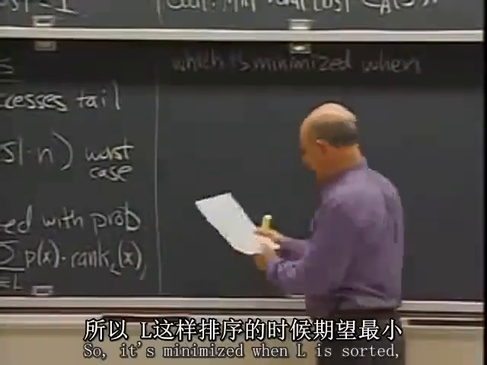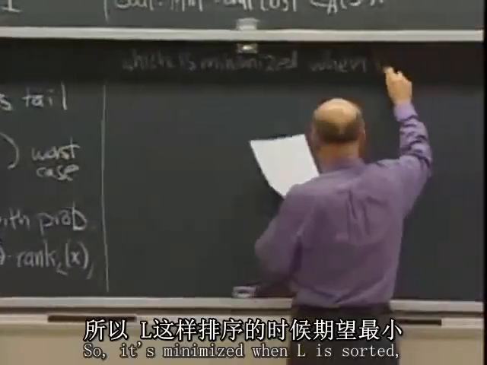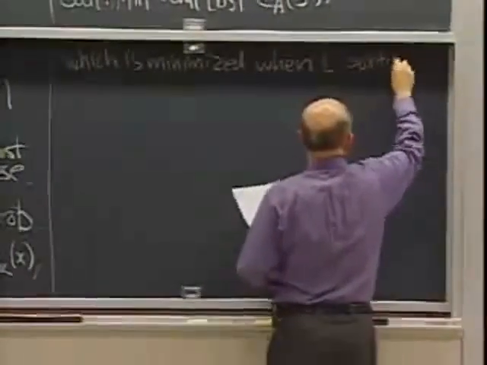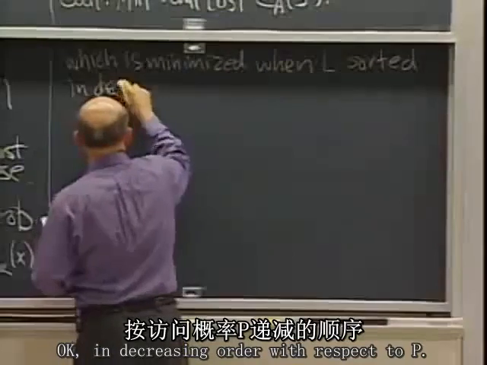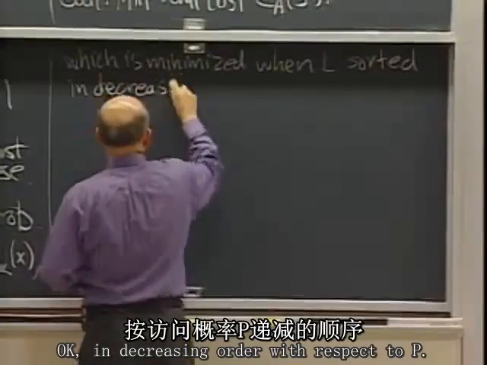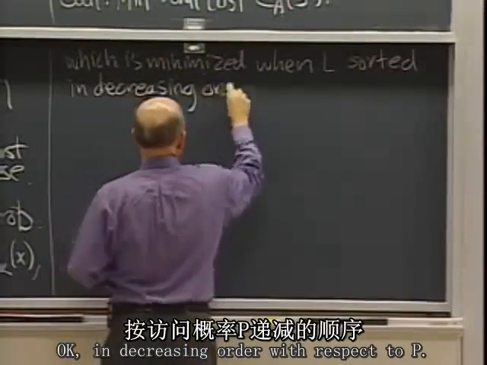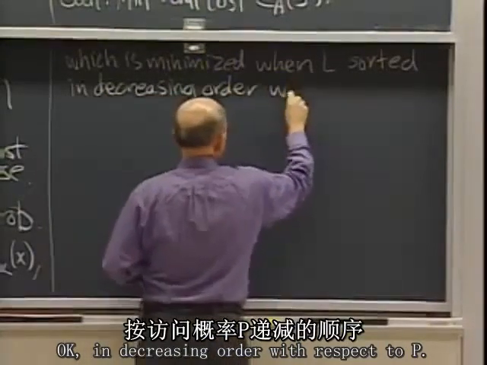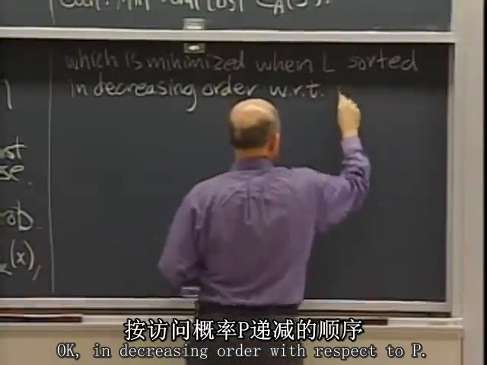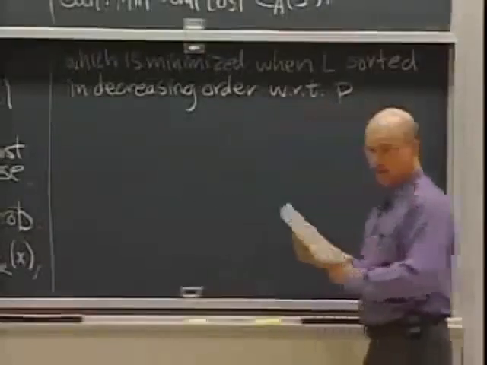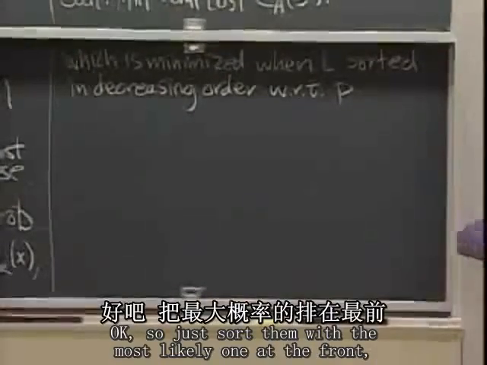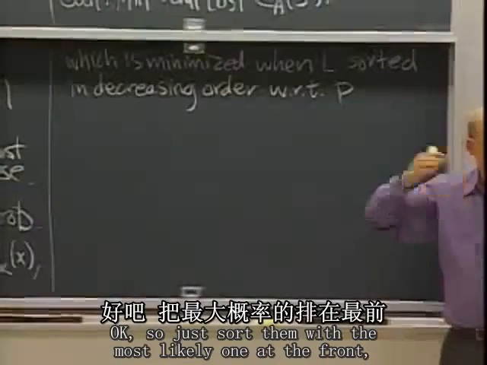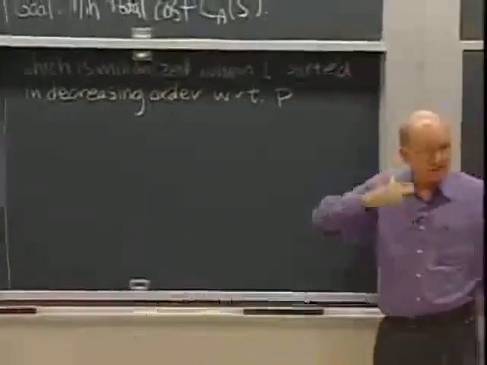So it's minimized when L is sorted in decreasing order with respect to p. We'll just sort them with the most likely one at the front and then decreasing probability.